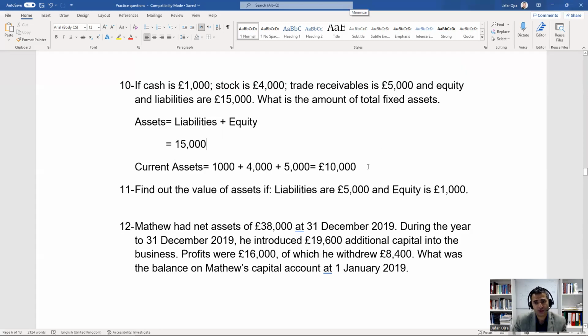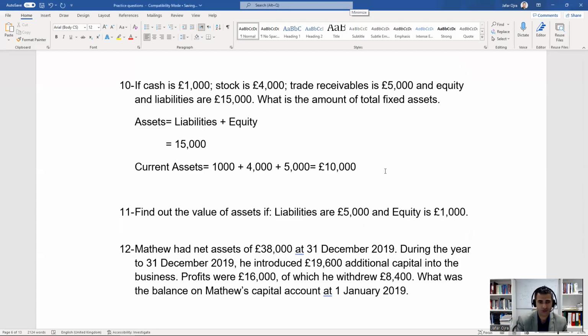So the total fixed assets equal 15,000 minus 10,000 equal £5,000.